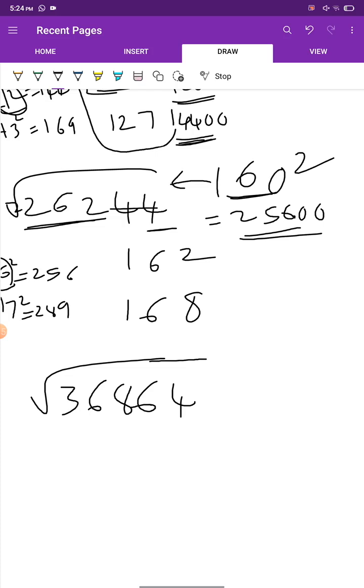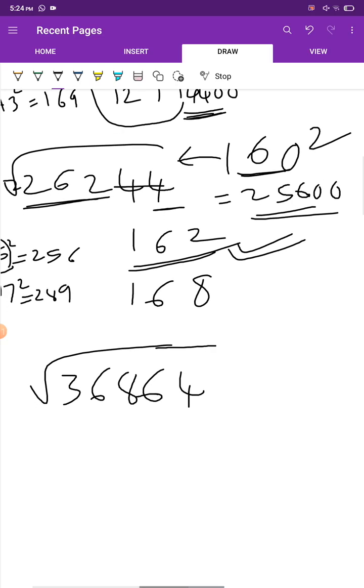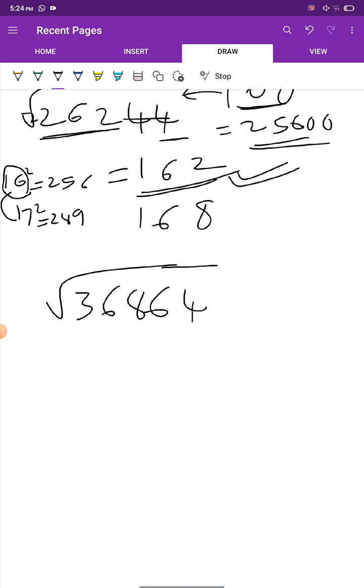And if I check 170 square, 28900, it is very far, so no need to check. So our answer could be near 160. So the square of 162 could be our right answer. So the square root of 26244 is 162, right?